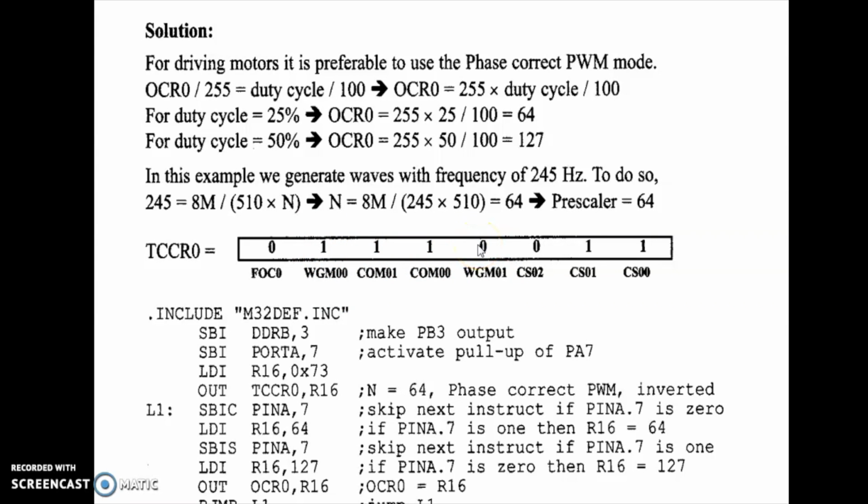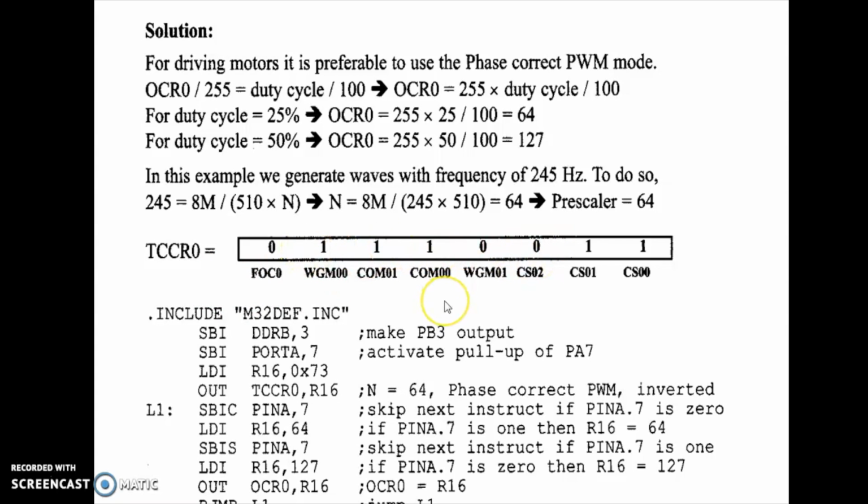The value is 10 for phase correct PWM, and we are using the inverted mode. For inverted mode, COM01 and COM00 are 11. Thus, the control word to be loaded into the TCCR0 register is 73.